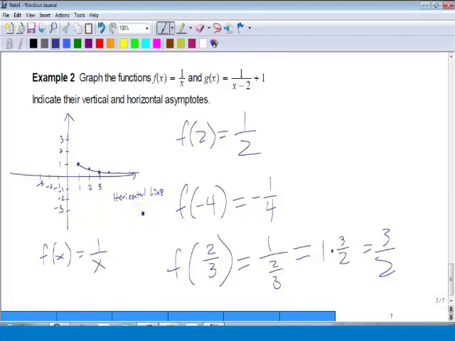All the points on the x-axis have different x coordinates, but they all have a y coordinate of 0. So the horizontal line, basically I wanted to write horizontal asymptote. HA is a suggested way to abbreviate horizontal asymptote. Y equals 0. Basically, the graph is approaching that horizontal line.